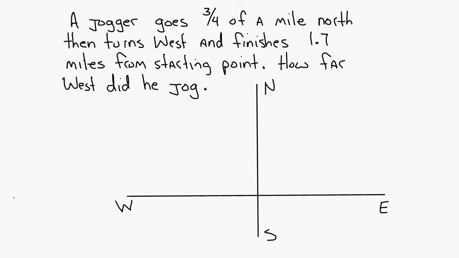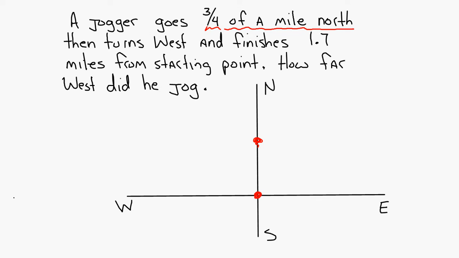And look, it says that a jogger goes 3/4 of a mile north. So if we start at the origin, the center of this compass, and we go 3/4 of a mile north. So that means we're going up here.